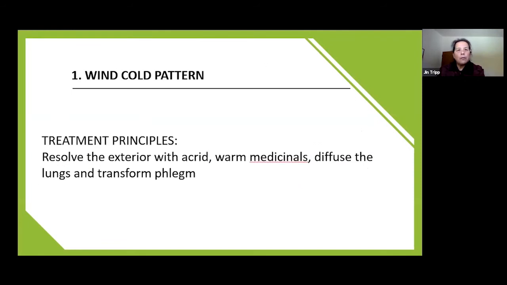The treatment principle for this one is to relieve external wind and phlegm, but we use warming or hot herbs. We warm the channels and the lung, then open the lung and transform phlegm.